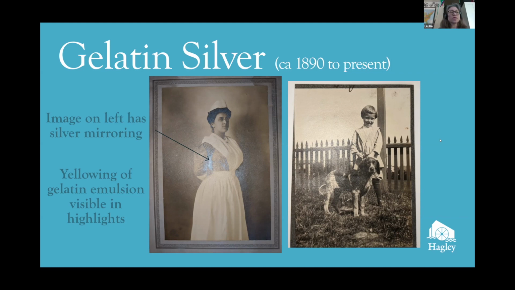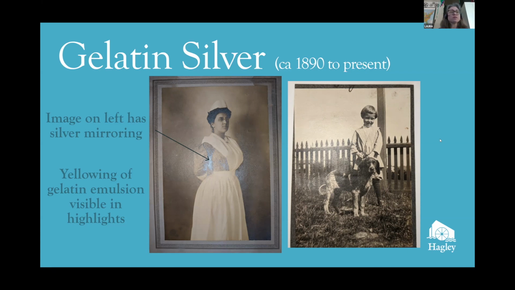Development was halted by acidic stop bath and then fixed with sodium thiosulfate to prevent continued light sensitivity of the image. Lastly, there was an extensive wash in water to remove residual chemicals. Inadequate washing or processing can result in discoloration and staining of the photograph.